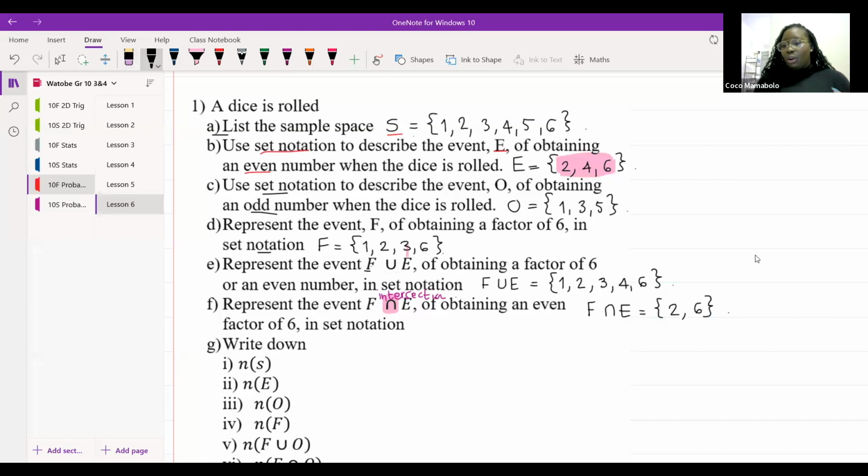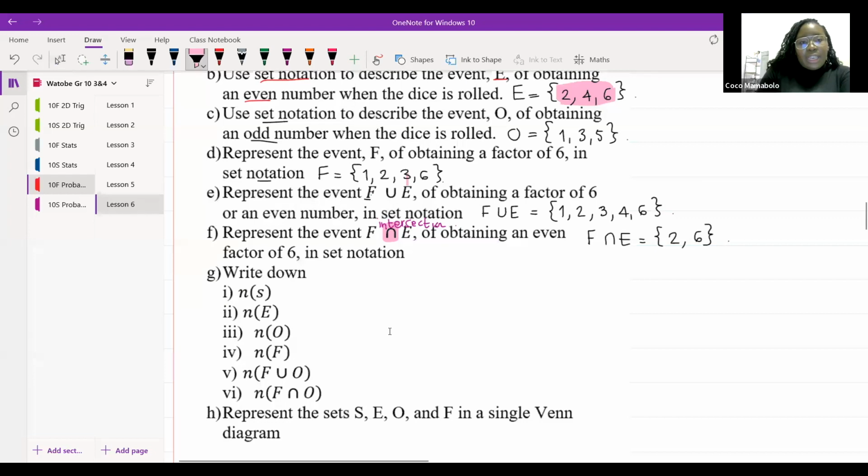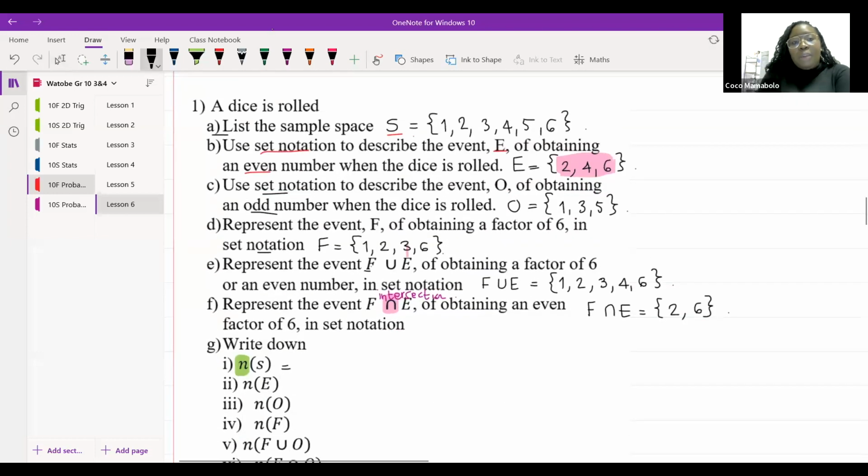Now we're almost at the end of the sum. We've done all 6 questions right now. This N over here tells us that we need to count how many things are in each one. So we want the number of elements in our sample space. How many elements do we have in our sample space? 6.